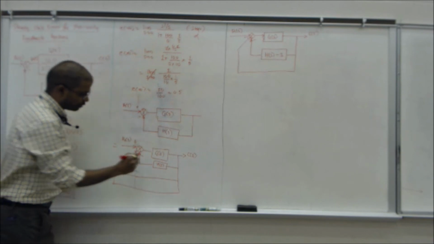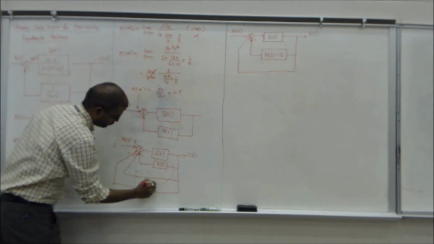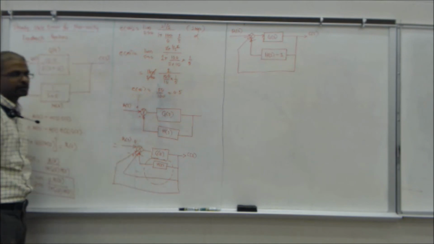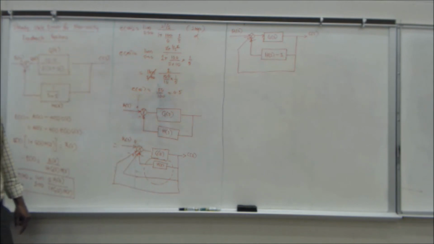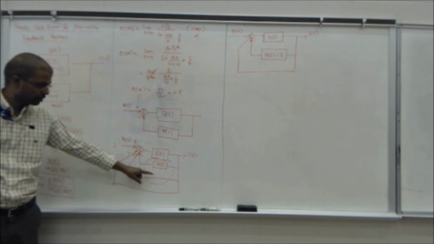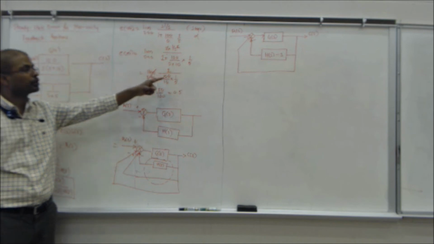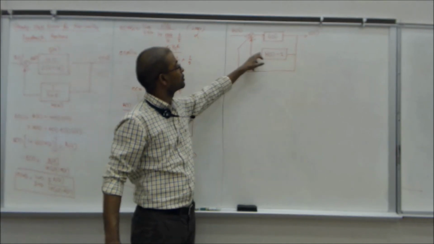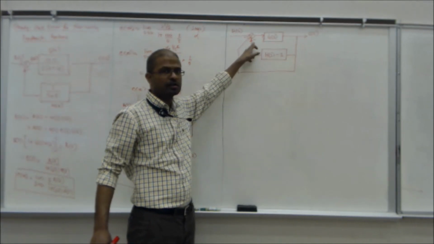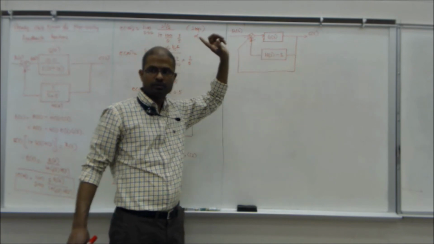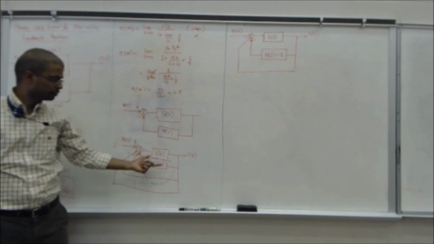So I've combined these two signals, and left this one as it is. If you combine these two, it would be H of s minus 1, because you see, this is H of s, the minus is as it is. Minus 1 into minus 1 is plus 1. Right? You see it?